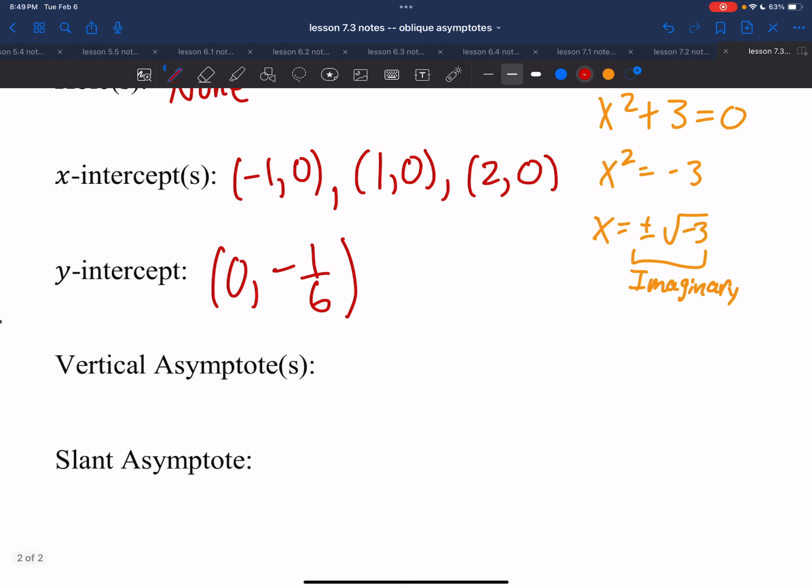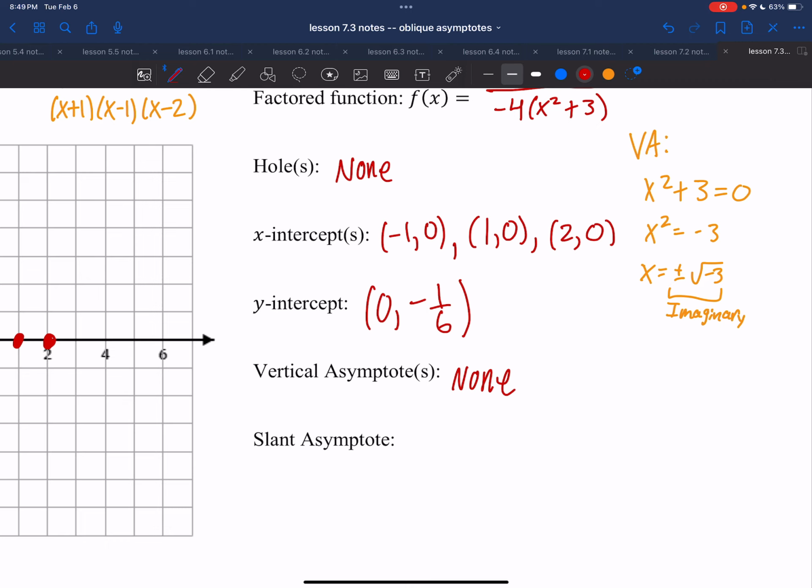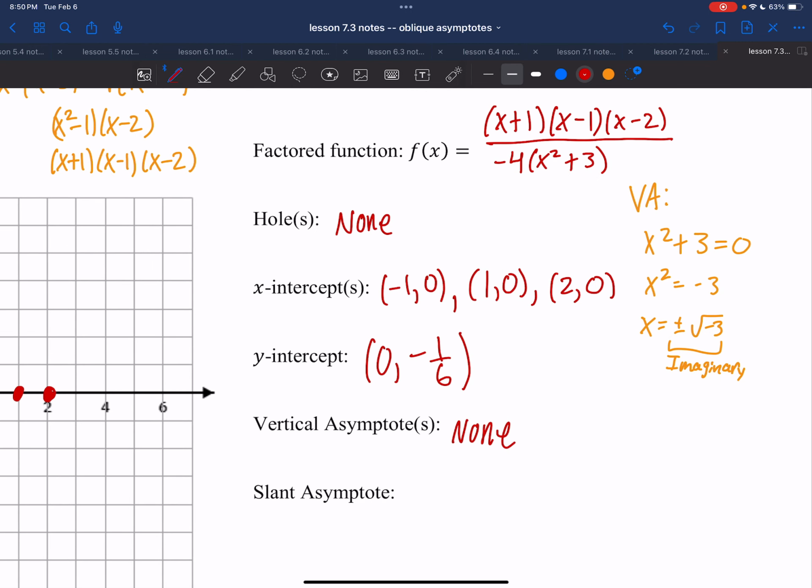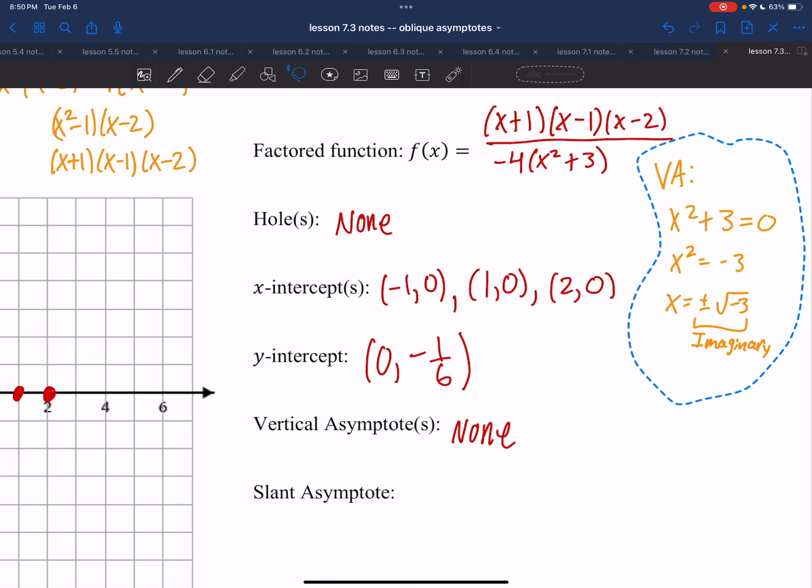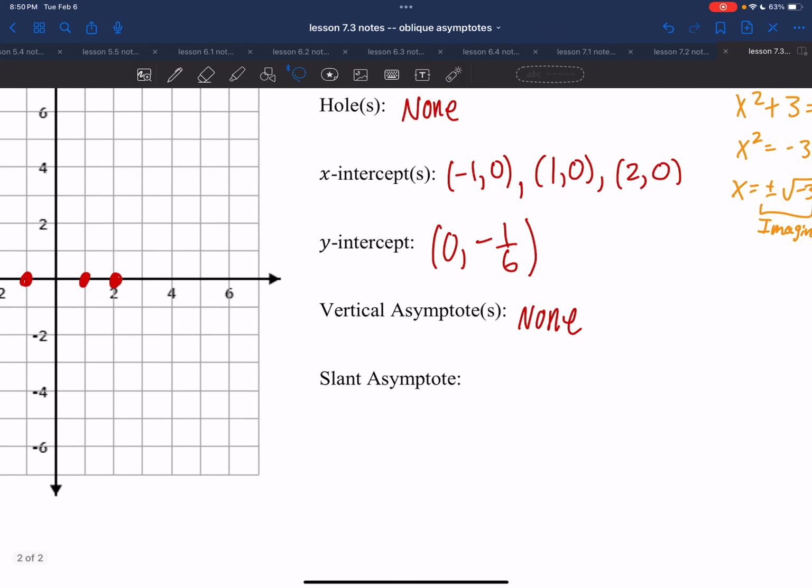The idea is your vertical asymptote is what makes the bottom 0. But if you find imaginary roots, that means no real number makes the denominator 0, so there's no vertical asymptote, because the only thing that could make it 0 is imaginary, which is not a real number, which we don't plot, which is not on the graph. So I don't have a vertical asymptote.